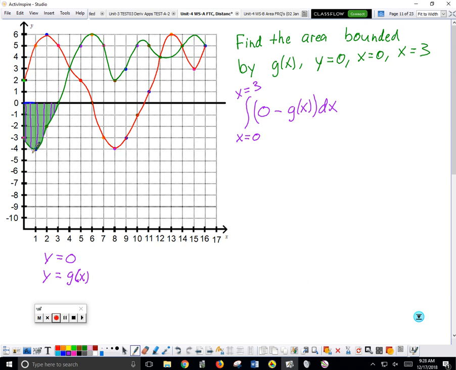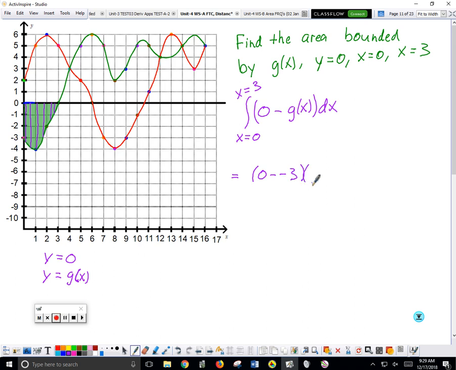What's the point of the 0 minus dx? So the reason for the 0 is this. The next line, I start here at x equals 0. I take 0, subtract g of x. At x equals 0, the value of g is -3.